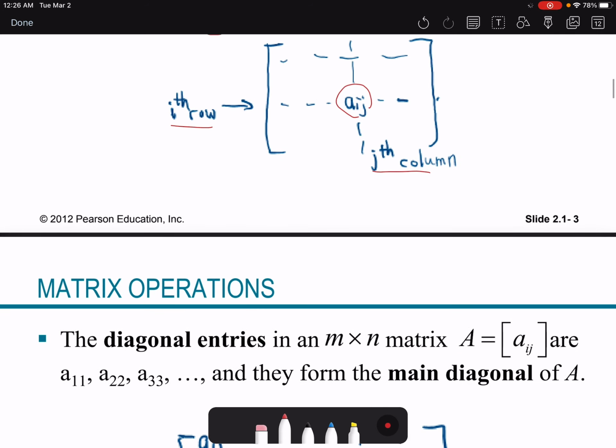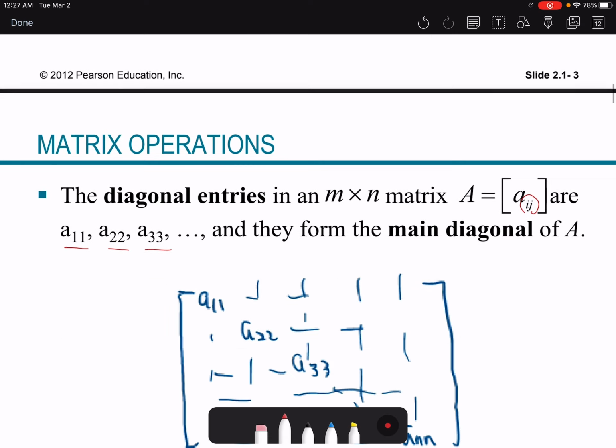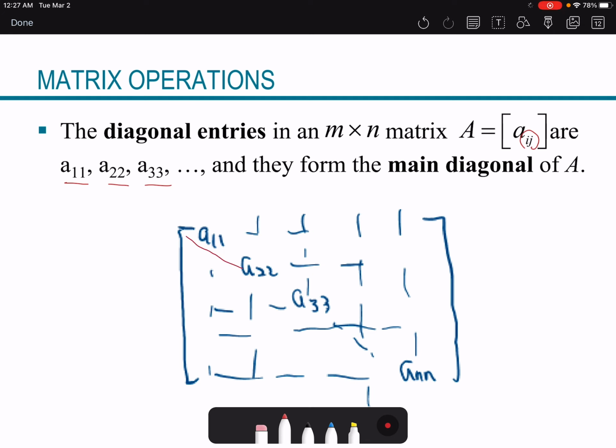So what are diagonal entries in an n by n matrix? We usually use Aij to represent the row and column. However, the diagonal entries are A11, A22, A33, right here. These are the diagonal entries, the so-called main diagonal.